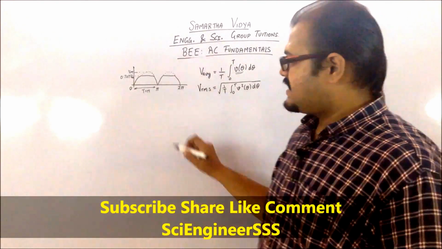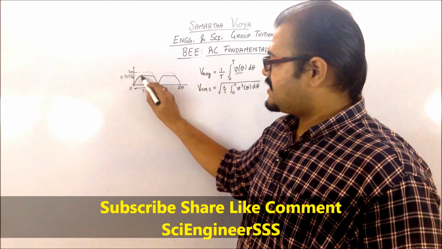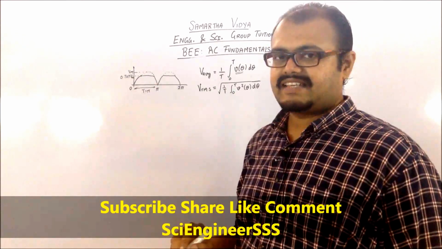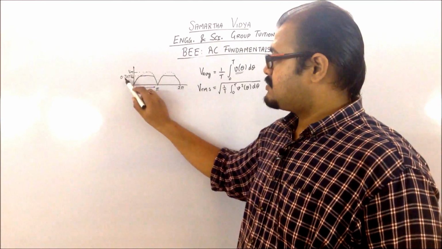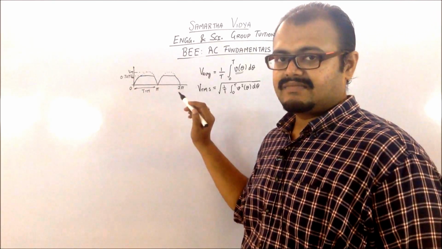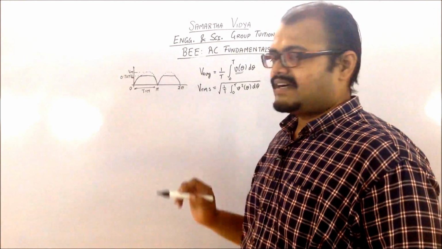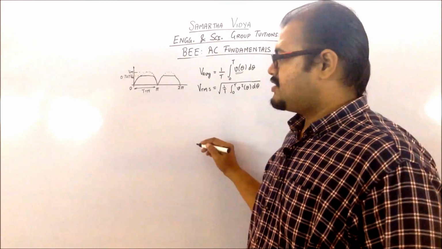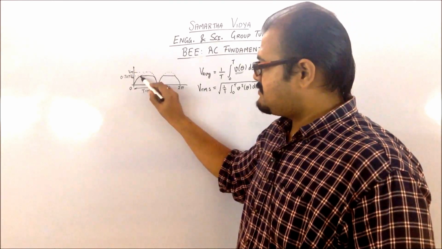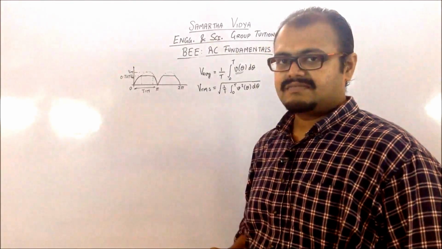So you can see that the equation of the waveform is, from 0 to some quantity here, it is following the sine wave. Then it has a fixed value of 0.707 Vm, and again it is following the sine wave from this point to pi. So for this, what you have to understand is that you have to find these quantities, that is your theta at this position.